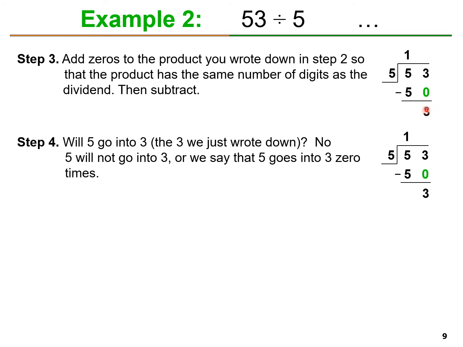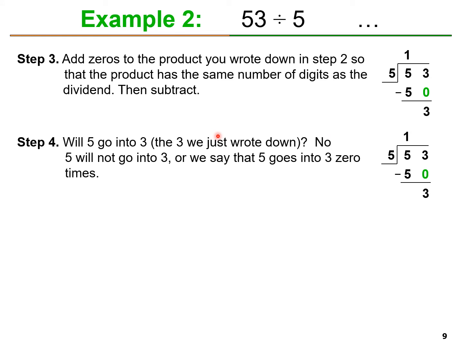The problem is, yes, that's true, but look above the 3 in the dividend. We do not have a number in the quotient above the 3 in the dividend. We have to satisfy 2 components before we're finished. This subtraction has to result in a number less than the divisor, and plus we have to have a number in the rightmost digit of the dividend. 3 is the rightmost digit in the dividend, but we don't have a number up here, so we're not finished.